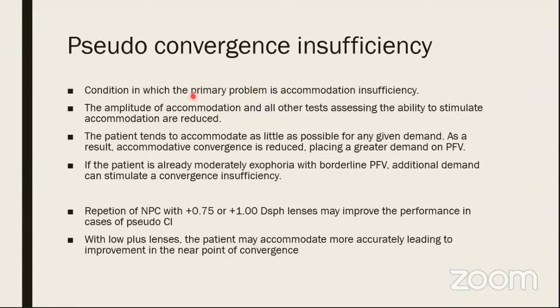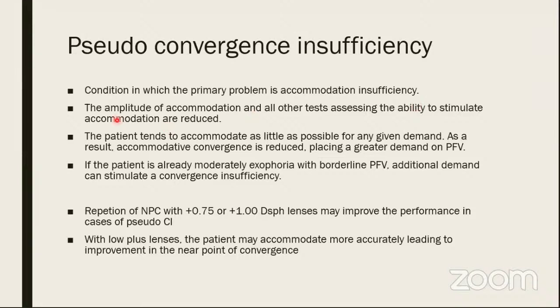So, what is pseudo convergence insufficiency? It is a condition in which the primary problem is accommodative insufficiency. Because the patient has very decreased accommodation, they are not able to stimulate their accommodation, and because of that the accommodative convergence will be poor.